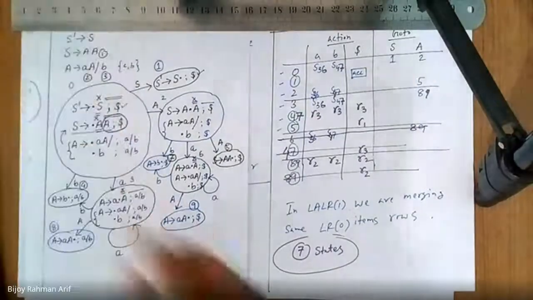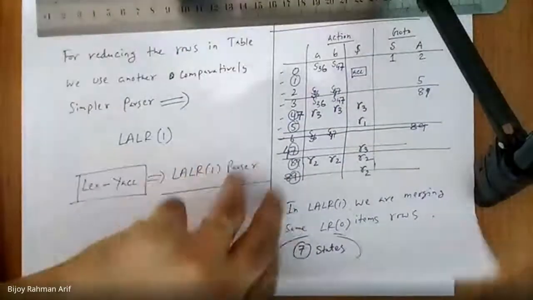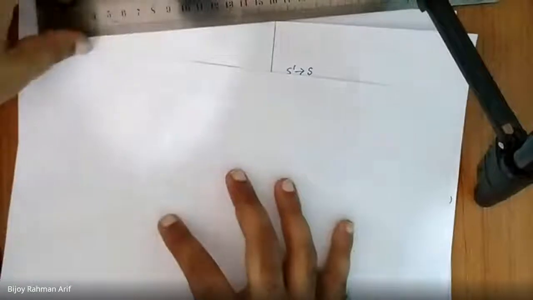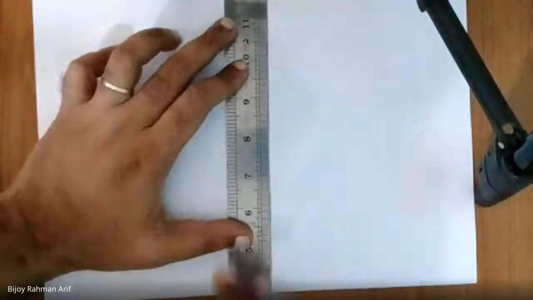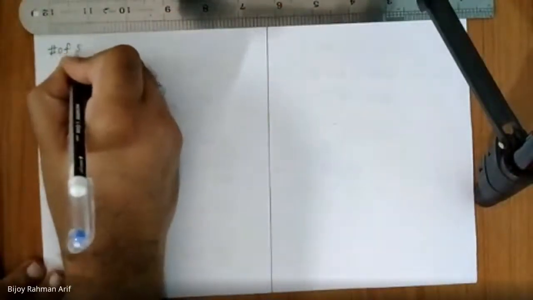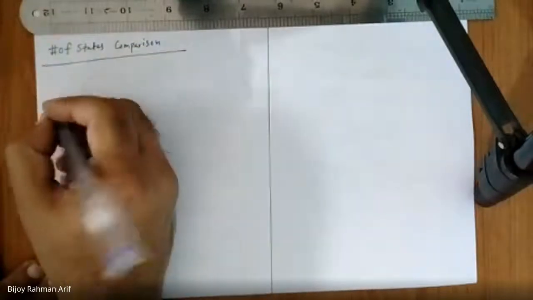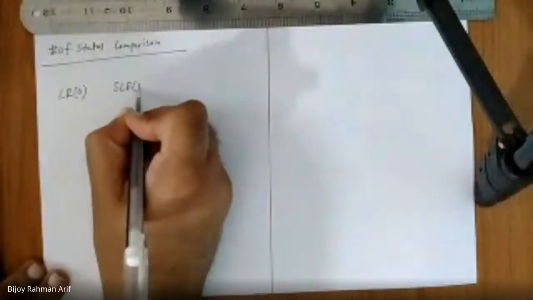Now let's have a conclusion. LR0 number of states and SLR1 number of states, are they equal or not?